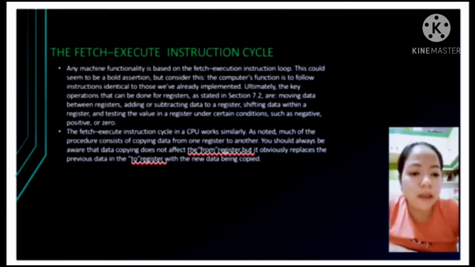The procedure consists of copying data from one register to another. You should always be aware that data copying does not affect the from register, but it obviously replaces the previous data in the to register with the new data being copied.